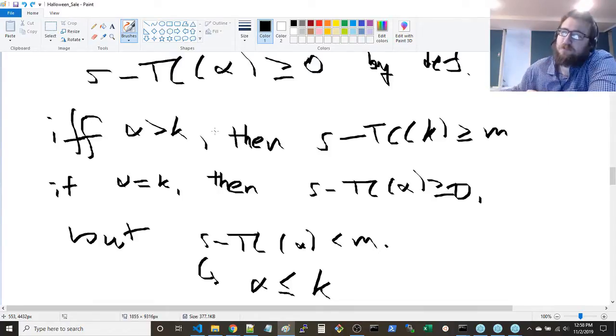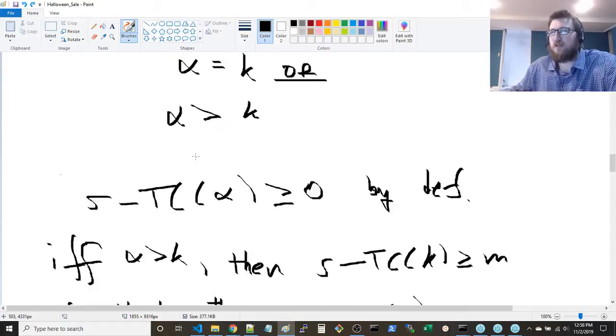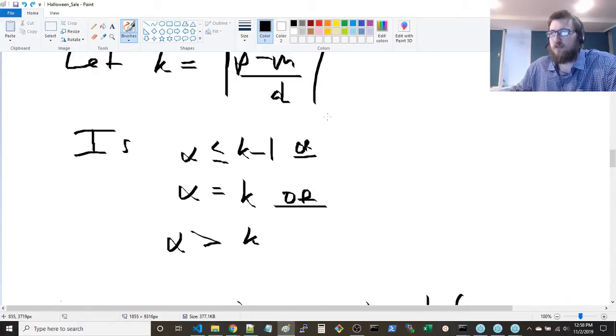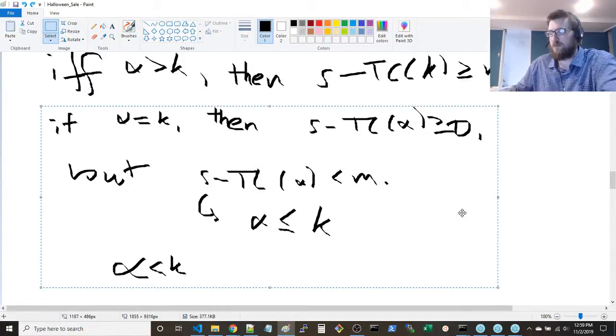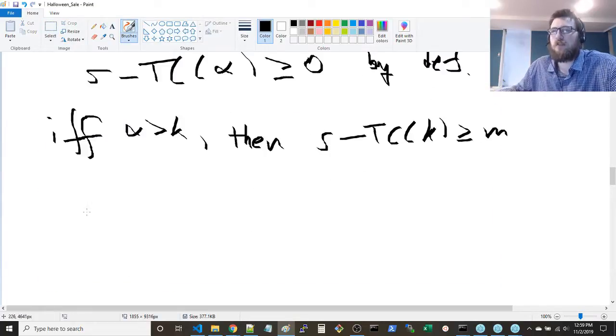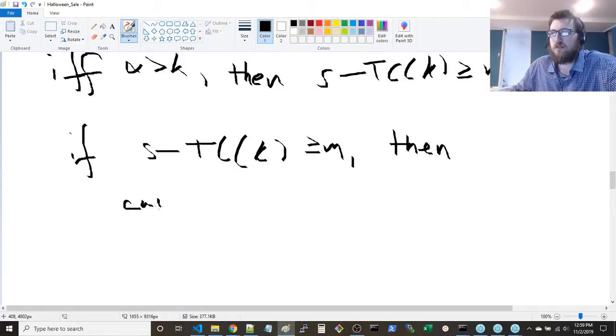So this can tell us, we can use this check to determine whether or not we're in case 3. If s minus tc of k is greater than or equal to m, then case 3.